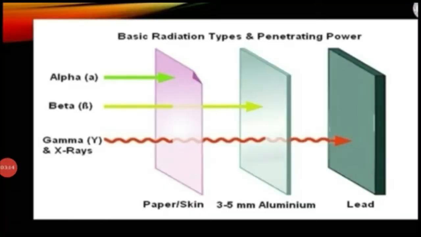Definition of radioactivity. We already learnt about stable electronic configuration and unstable electronic configuration in class 9. When we say stable electronic configuration, there will be 8 electrons in the outermost shell.